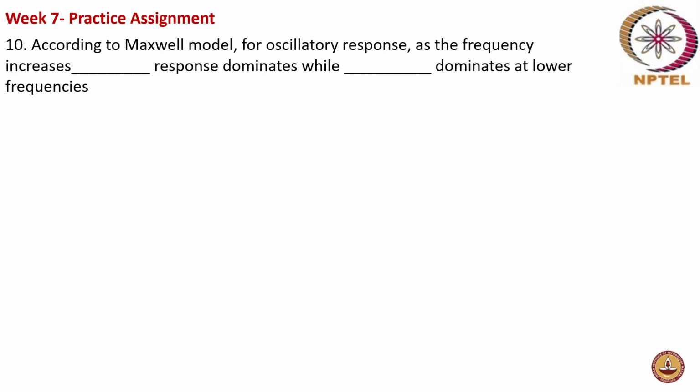According to Maxwell model, for oscillatory response, as the frequency increases, dash response dominates, while as the frequency decreases or at lower frequency, dash response dominates. At higher frequency, which response dominates, and at lower frequency, which response dominates, for a Maxwell model?